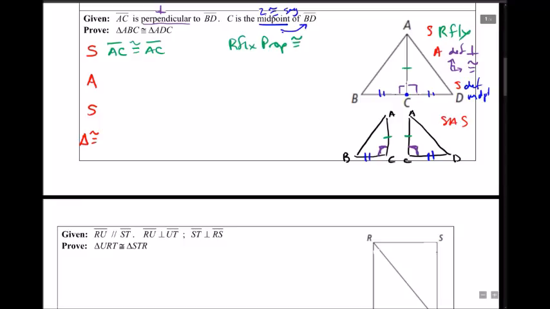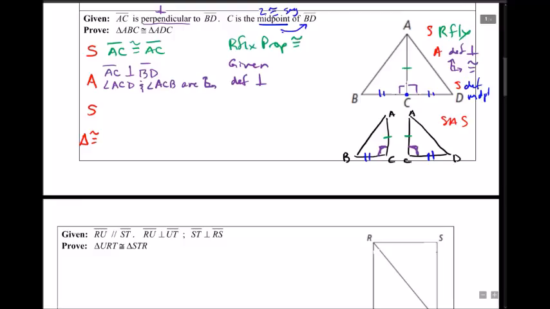Well, I was told that segment AC is perpendicular to segment BD, and that was given to me. Now, what did that let me do? That let me say that angle ACD and angle ACB are right angles. That's the definition of perpendicular.